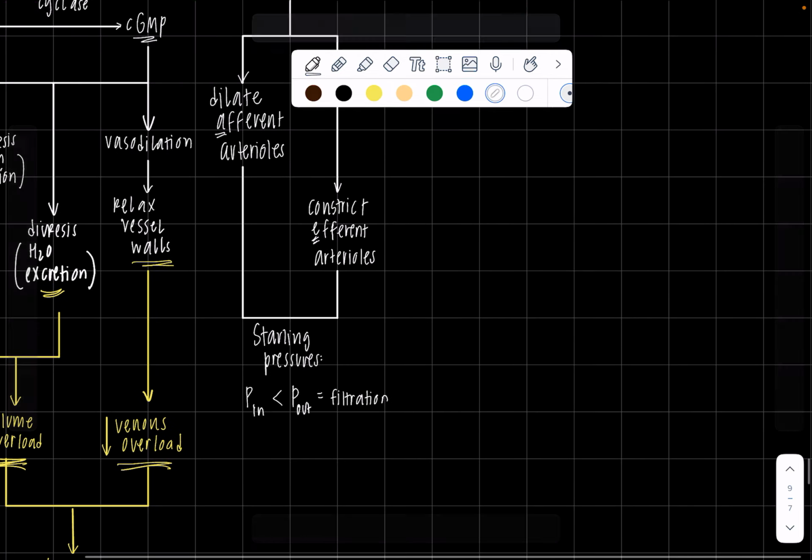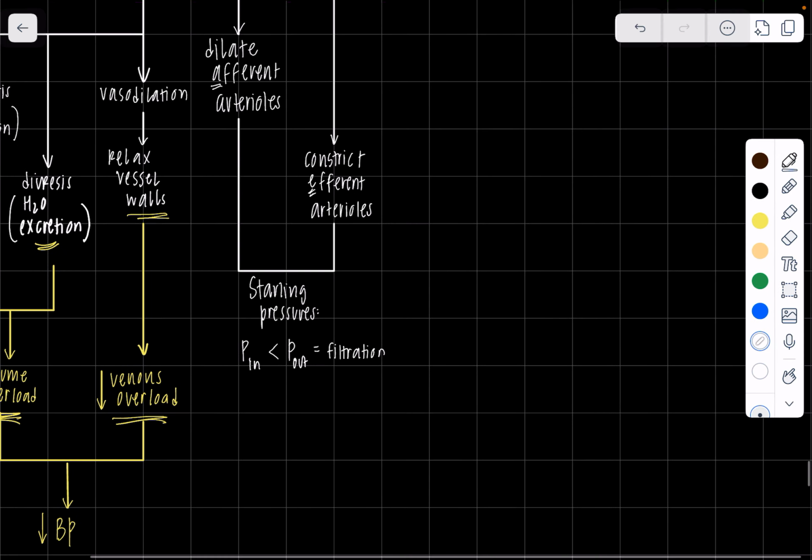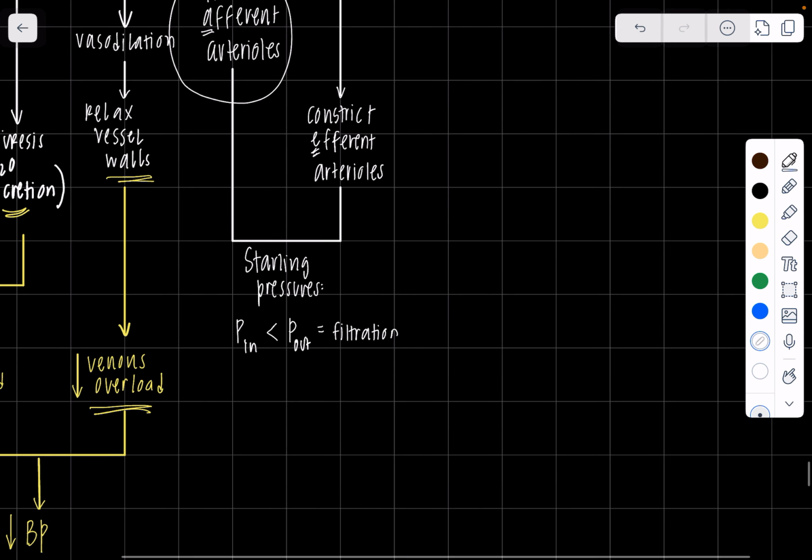So if we put that into context here, when we dilate the blood vessels that are bringing blood towards the kidney, we are effectively lowering that pressure, right? Because it's decreased resistance of those vascular walls. So we're going to have a lower pressure inside our capillaries.